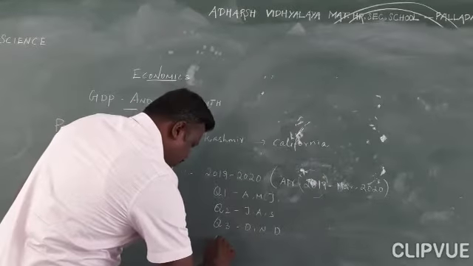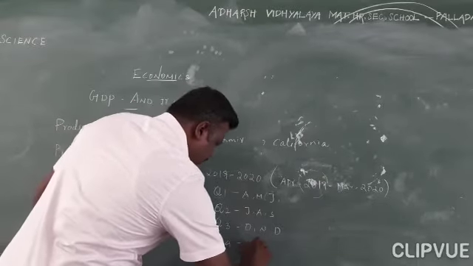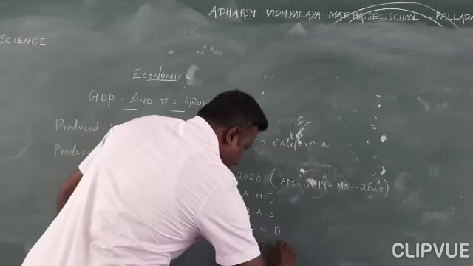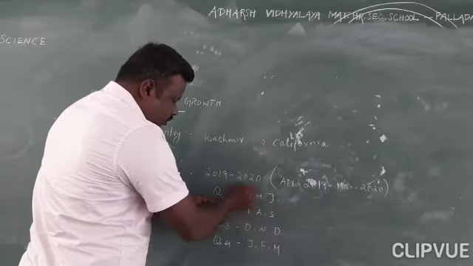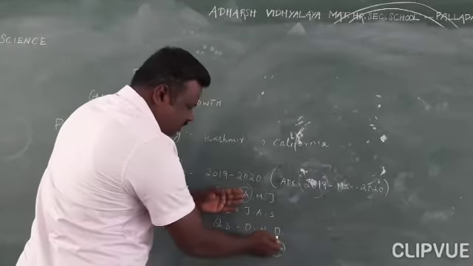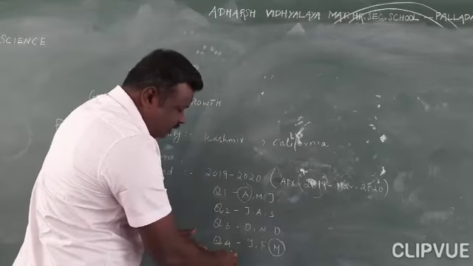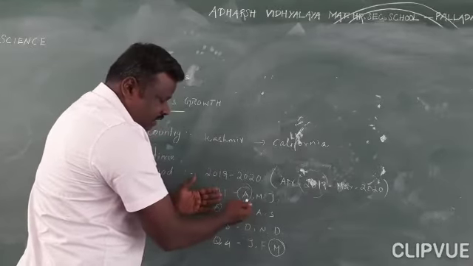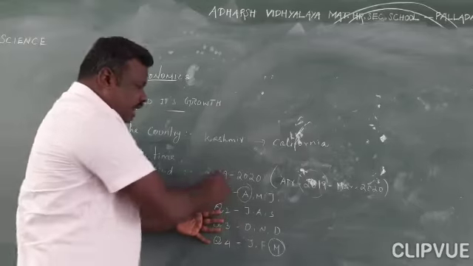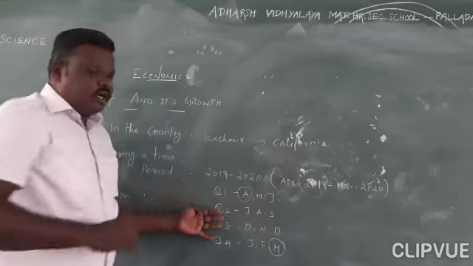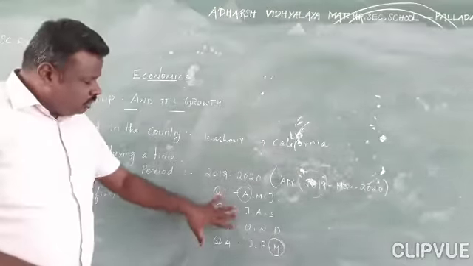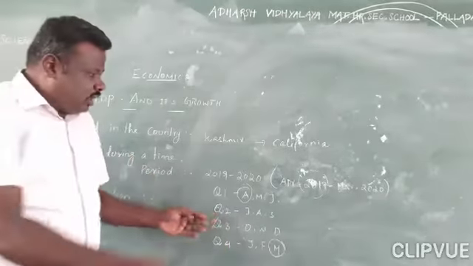And fourth quarter, January, February and March. So April to March, this is by four quarters. Okay, so quarterly we calculate four times. Annually we calculate only one time. Okay, so both are available in India.